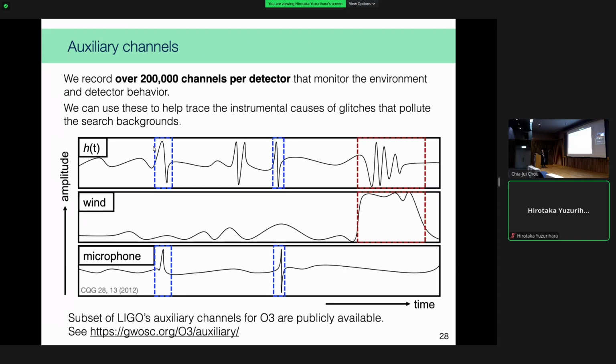And you can also see this lighter area, where we can see the coincidence between strain and wind. So this will be a hint for noise hunting. And for all three data types, LIGO's auxiliary channels are publicly available. Please see this web page.